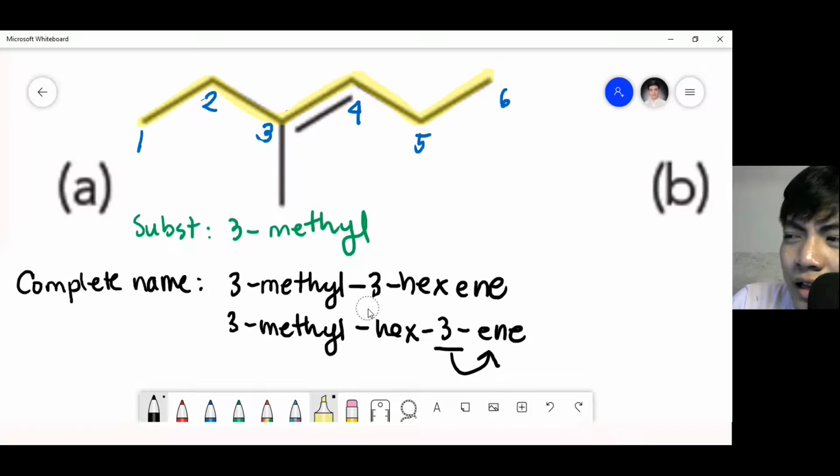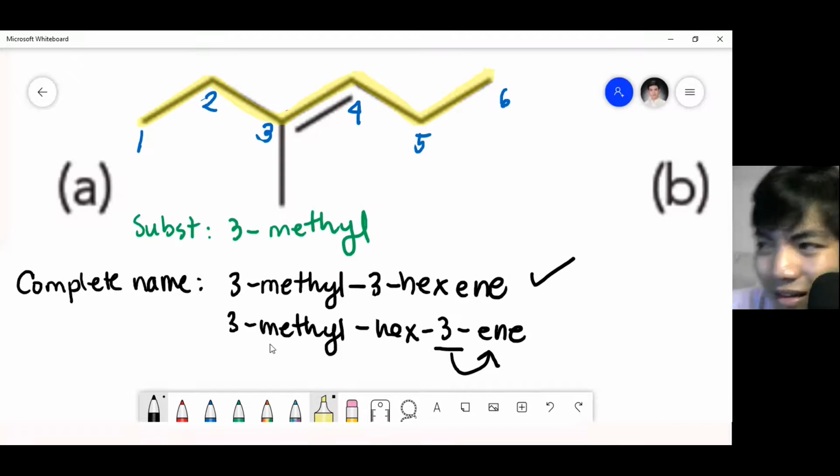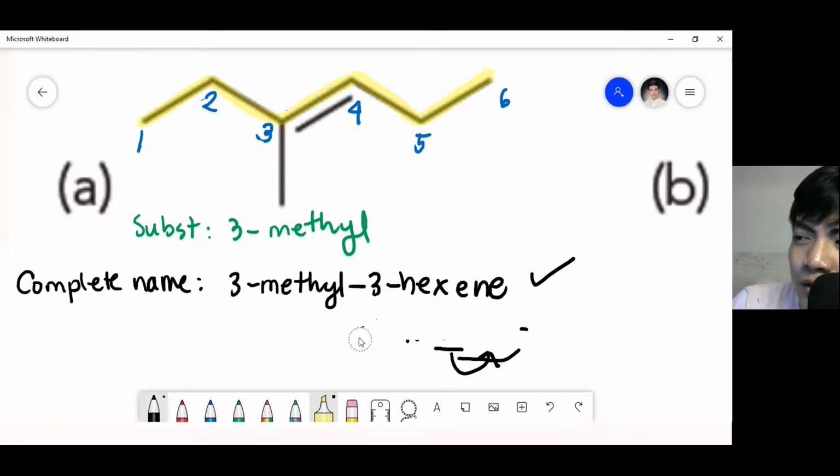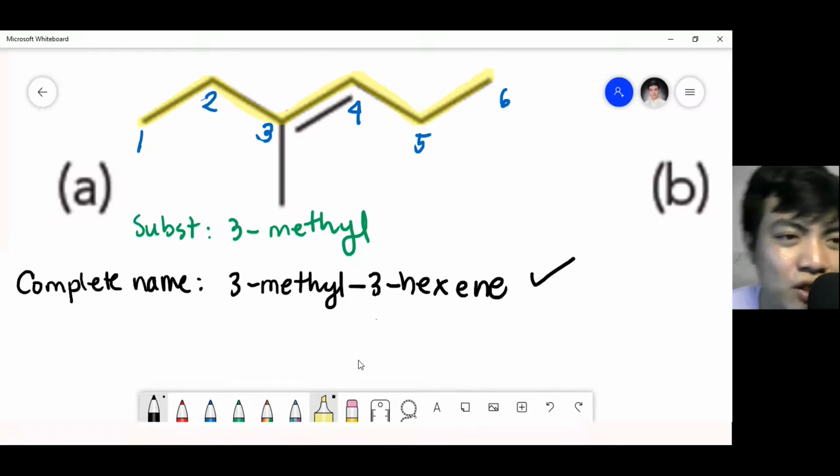However, I highly suggest that we use this one. Although this is correct, pero wag na natin ito gamitin because apparently it uses many dashes, you know. Again, why do we have dashes? If you have a number and a letter for the IUPAC nomenclature, you have to separate them with dashes. Okay?